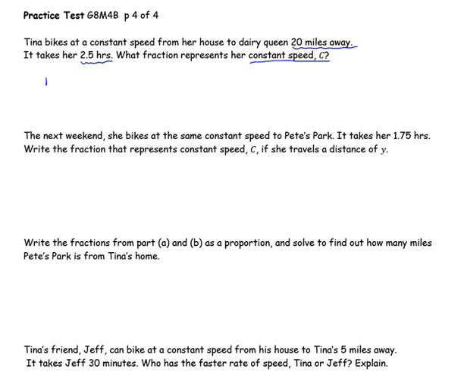So we will use miles per hour. Write that as a fraction, miles per hour. We know that it's 20 miles, so we replace the miles with 20. We know that the hours is 2.5. So this is her constant speed.